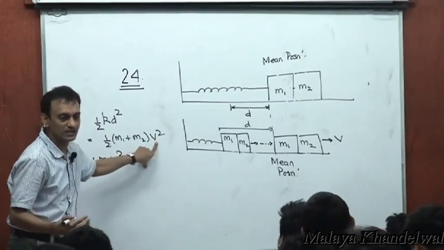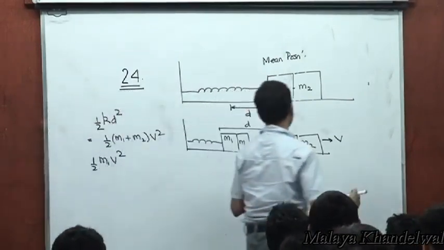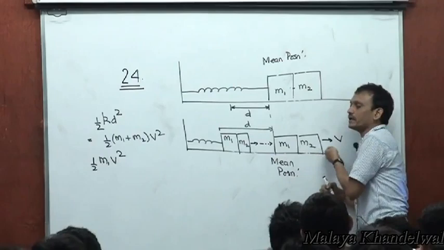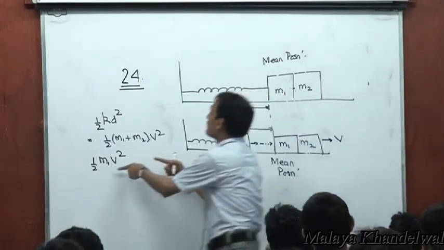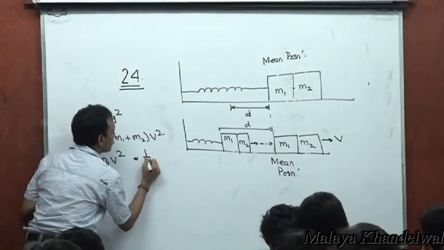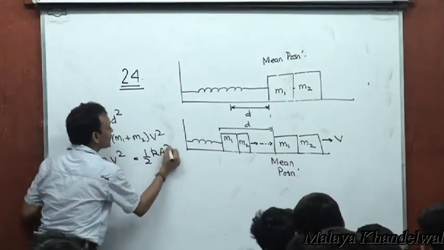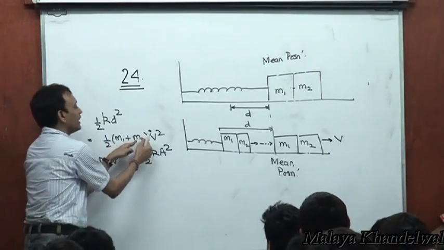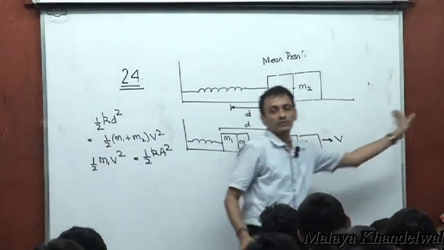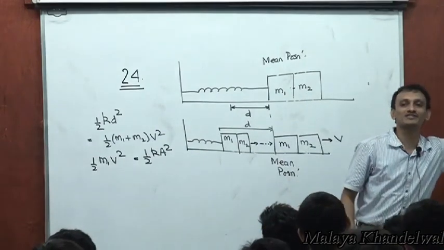V squared is given by this, and eventually the spring elongates to a maximum value A, where this half m1 v squared would appear as half k A squared, right? Of this total energy, half m2 v squared gets decoupled from the system.